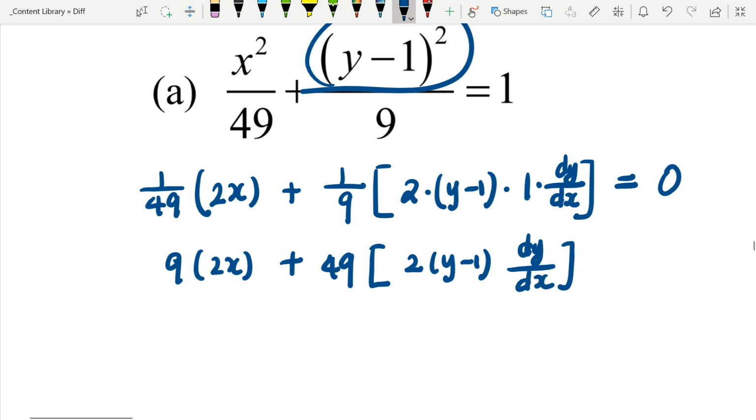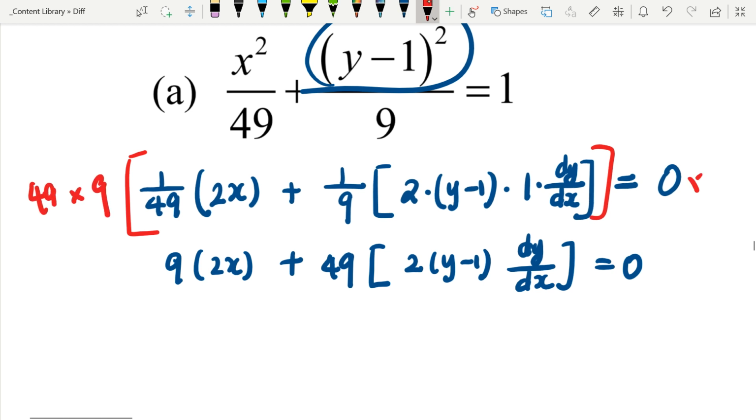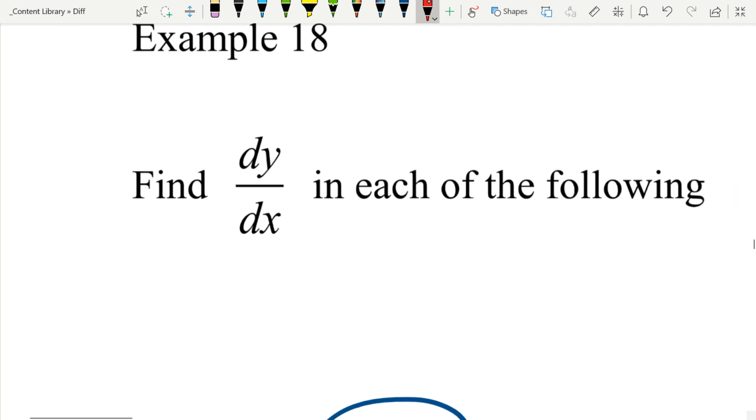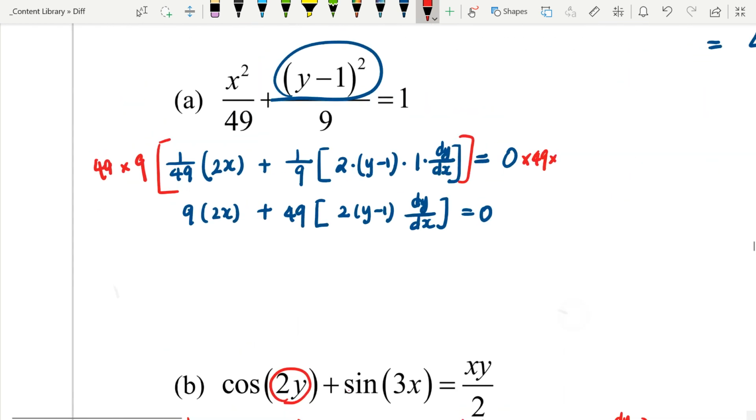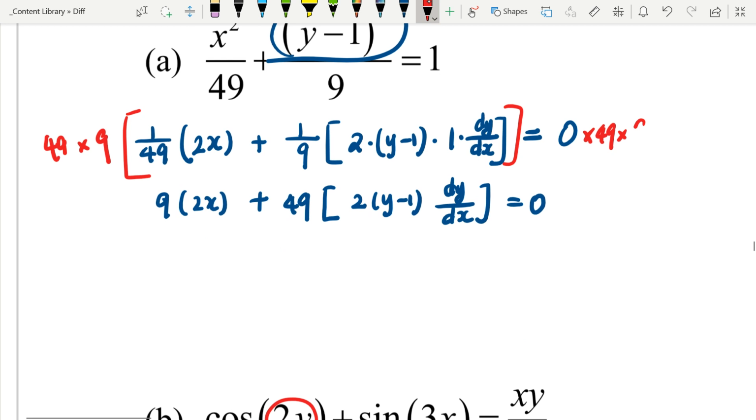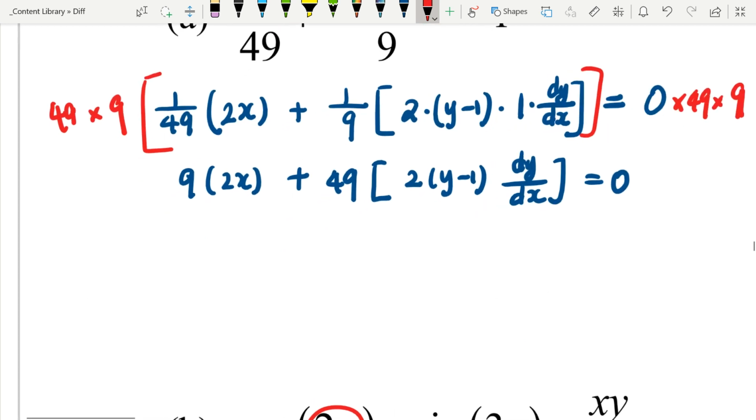And then times 0 is still a 0 on this side. So times 49 times 9, trying to get rid of the denominator before I rearrange it.